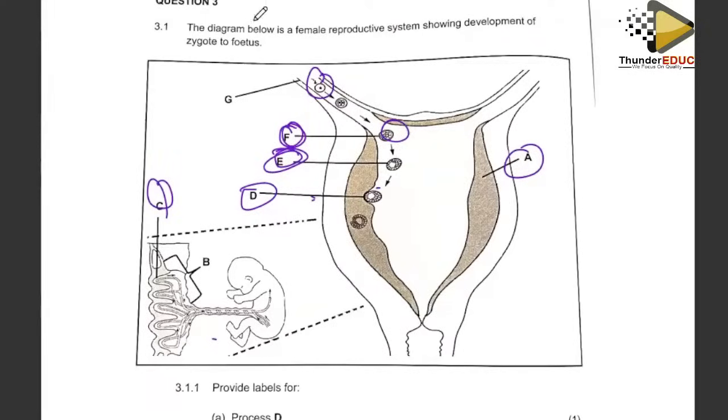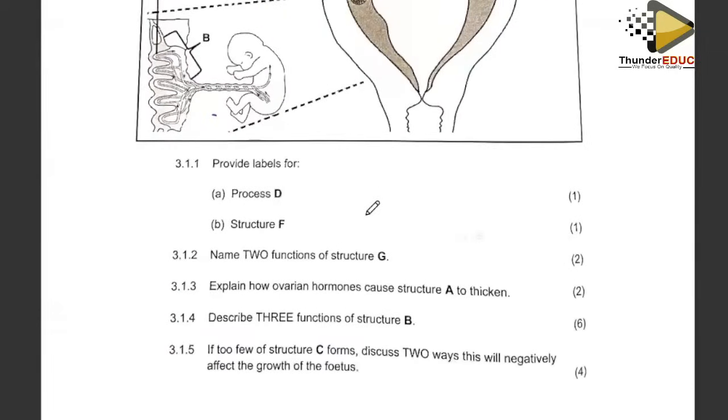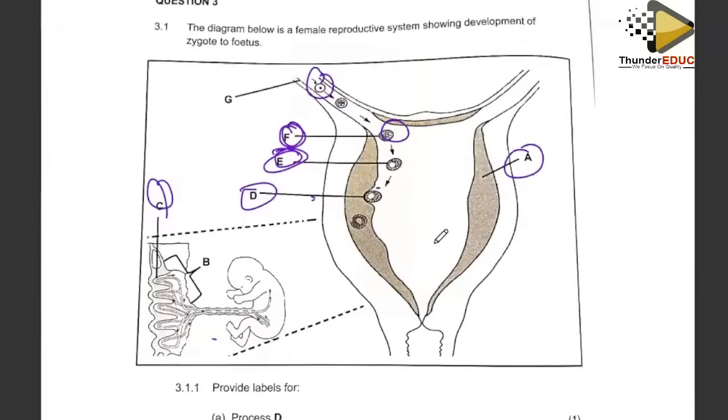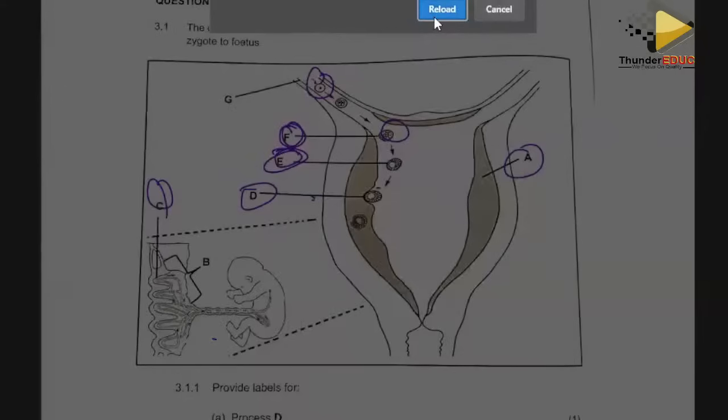It will depend on what they're asking. Provide labels for process B. Let me first clear it up.